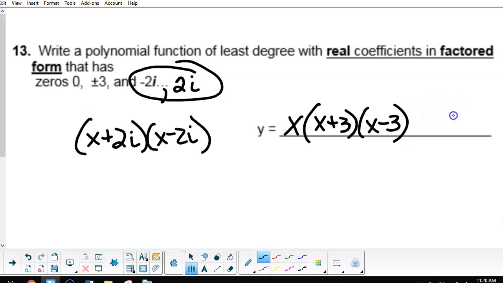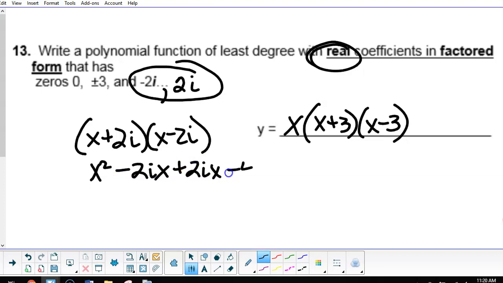So that would become an x plus 2i and an x minus 2i. Can I just throw that on the back here? It says I have to have real coefficients. Are those real? So I have to go ahead and FOIL those two and only those two together. So I get an x squared minus 2ix plus 2ix minus 4i squared.